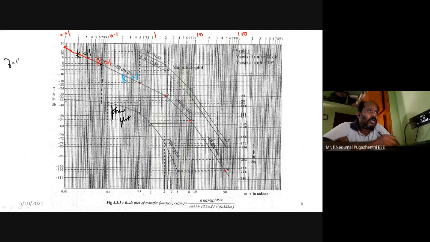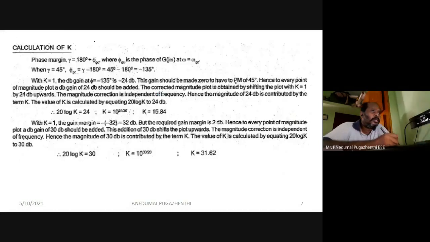So gamma is equal to 180 minus 34 or 35, which gives 145 degrees. Let me choose a value near that and proceed. When k is equal to 1, the regular crossing point has to be somewhere else from the diagram.